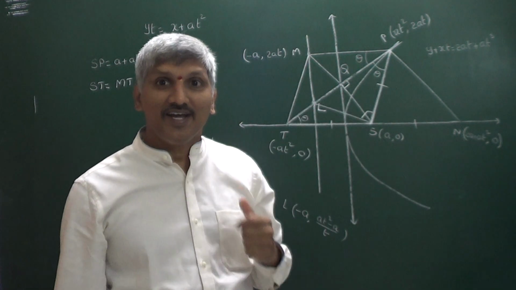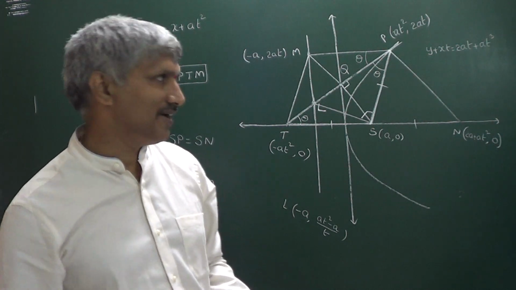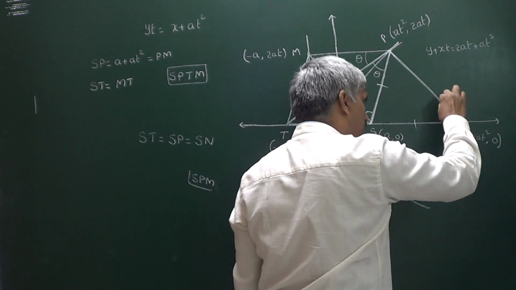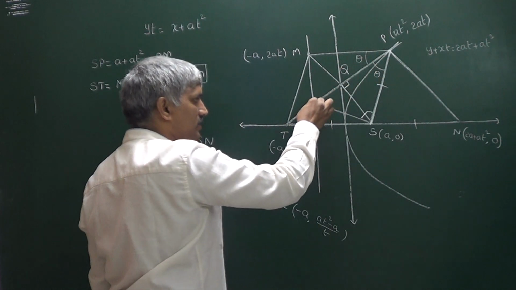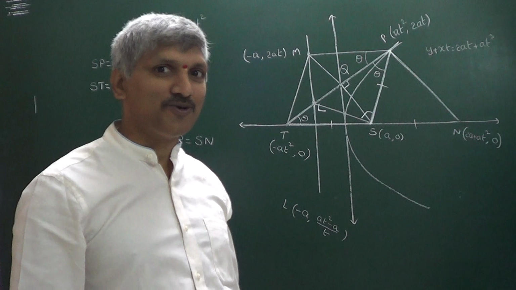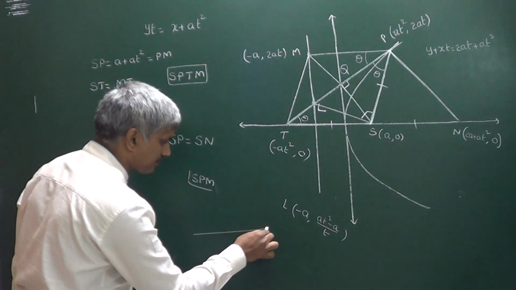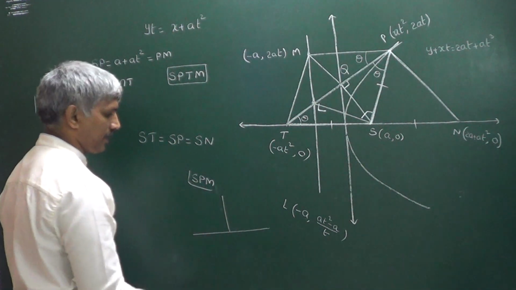Automatically we can say normal is the external angle bisector of SPM. This is the external angle bisector of SPM and tangent is the internal angle bisector. Then we can come to a conclusion. That conclusion is like this. You can observe this is a line and this is a normal to that line.